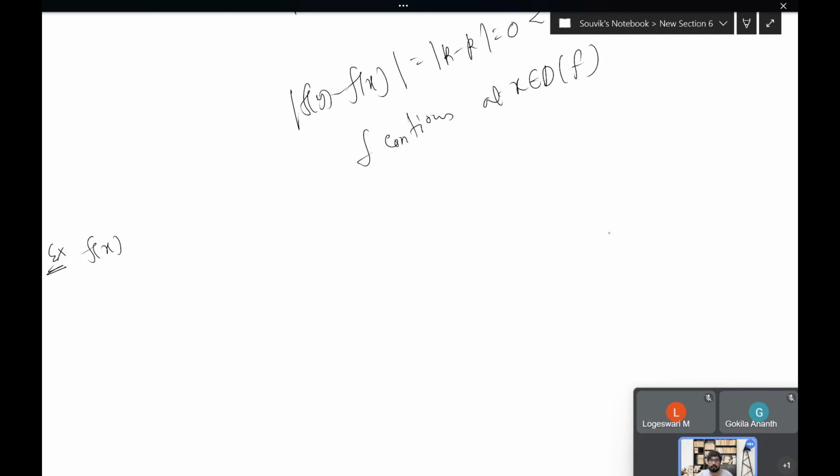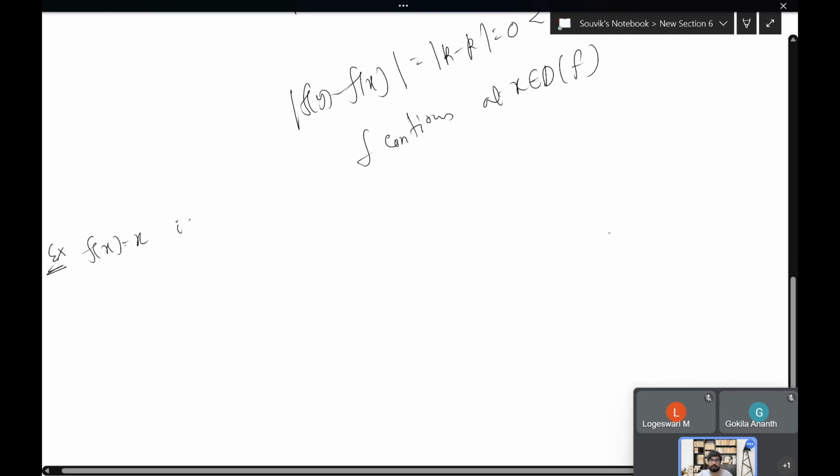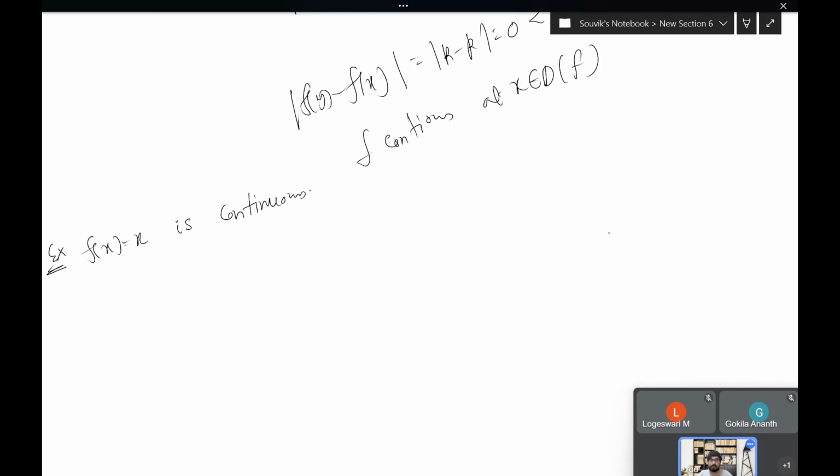f(x) equals x is continuous. How to do it?